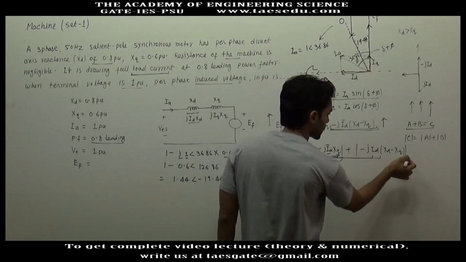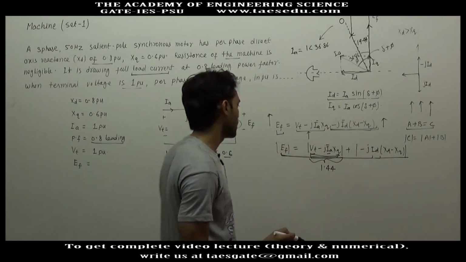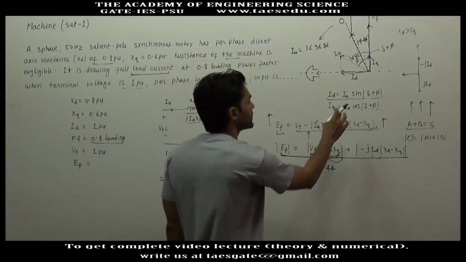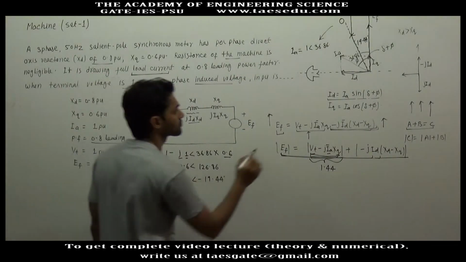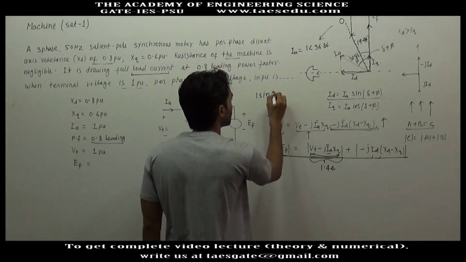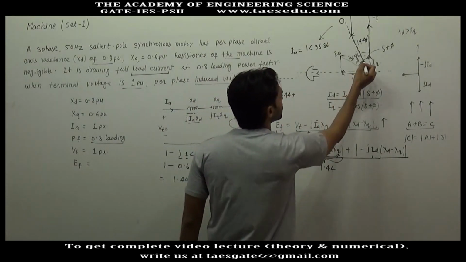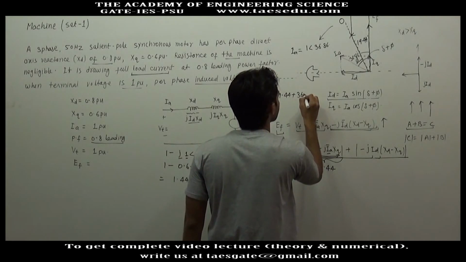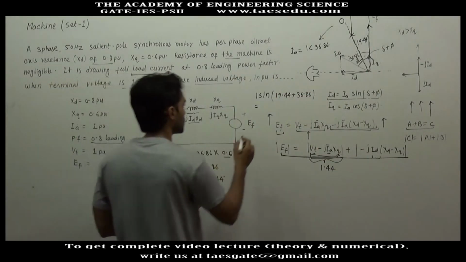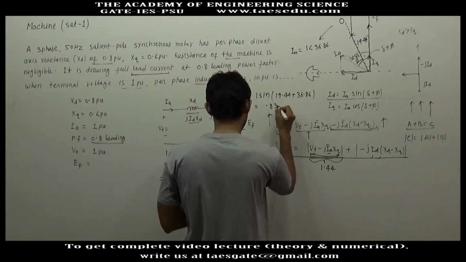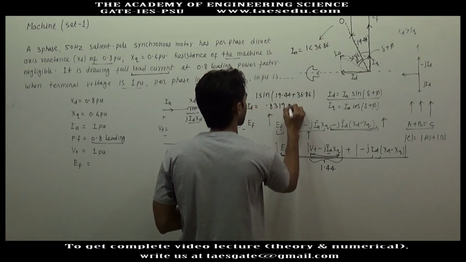Now we have to find out magnitude of this quantity. So let us first find Id. Id is equal to Ia sine delta plus phi. Ia is 1, delta is 19.44 and phi is 36.86. This is 0.8319. This is the value of Id.